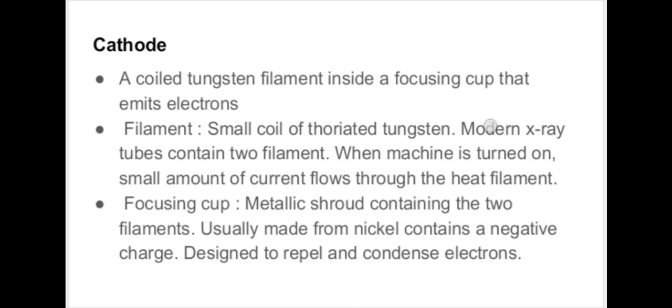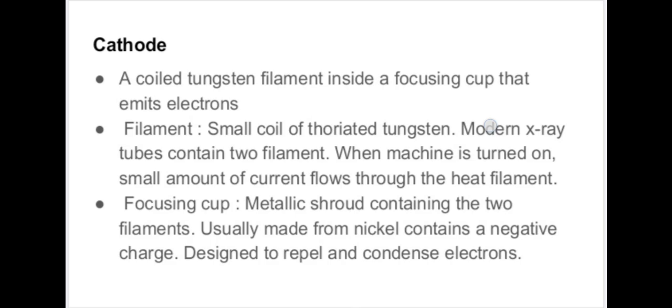There are two ways by which the focusing cup is energized, namely unbiased and biased. In the unbiased setup, the same voltage is applied to both the focusing cup and the filament. In this type, the electron spread is wider and the focal spot width is larger. In a biased X-ray tube, insulated focusing cups are used and given a more negative supply, that is minus 100 volt, than the filament.